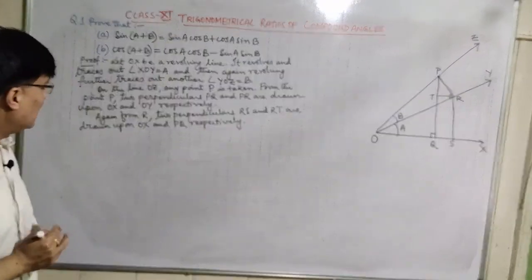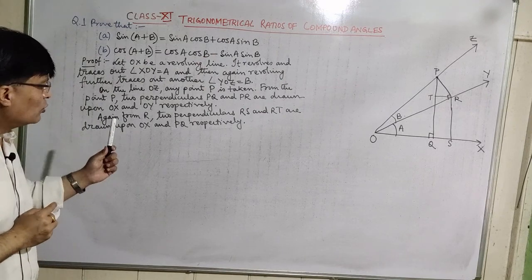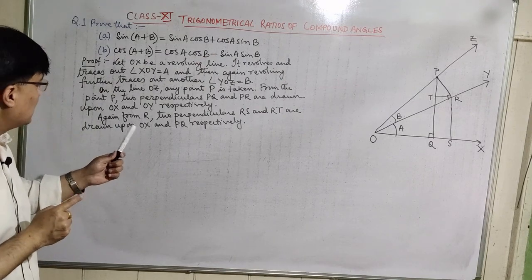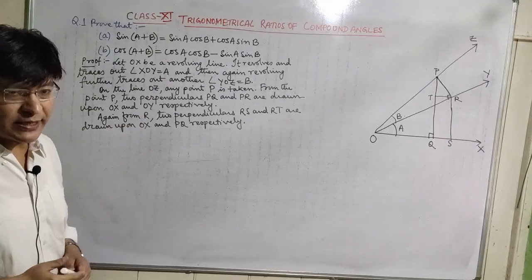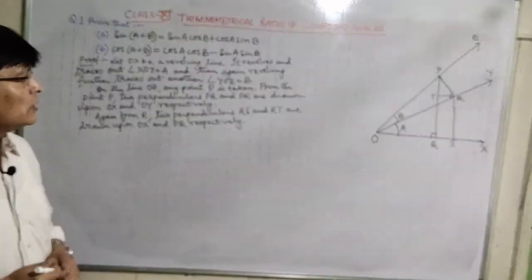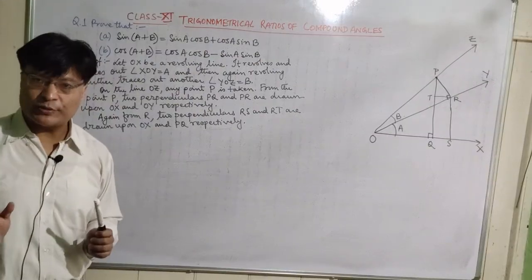Is that clear? Again from the point R, two perpendiculars RS and RT are drawn upon OX and PQ respectively. So I think you have understood it.